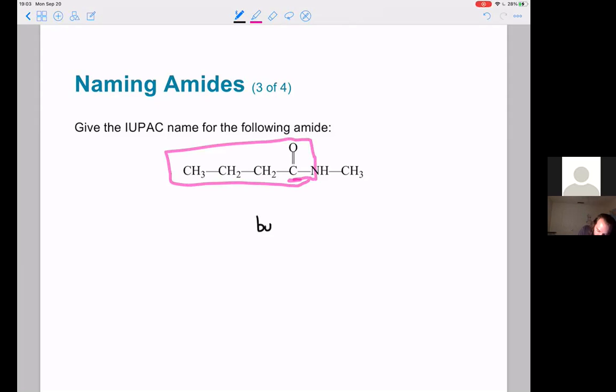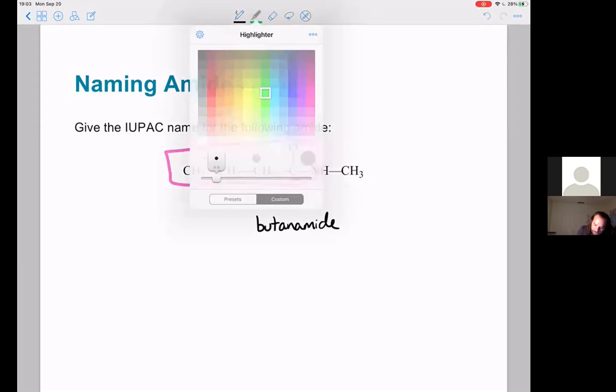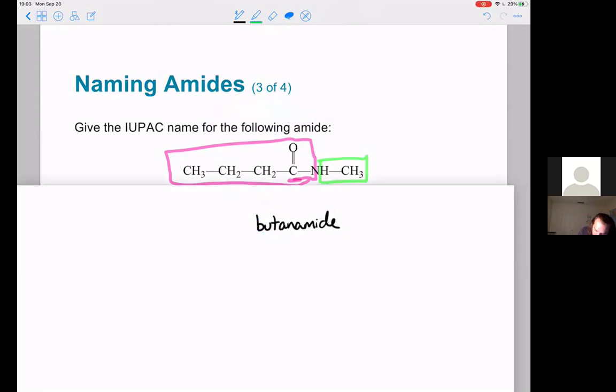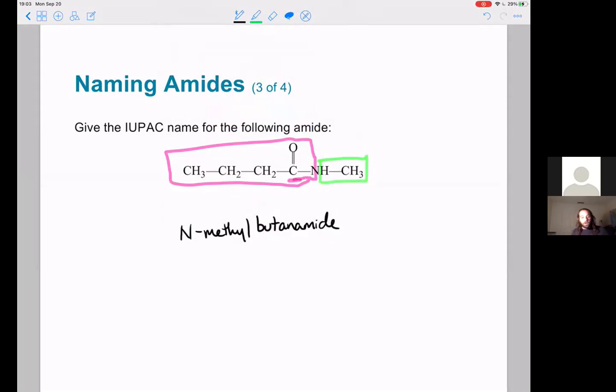So this is but- and amide. And then I also have this methyl group attached to that nitrogen that I have to indicate. So this would be N-methylbutanamide, all one word.